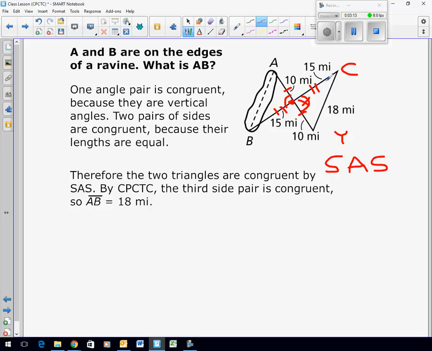That's everything we've done to this point. The only thing we are now concluding, okay, let me back up. SAS is used to tell me what? What information does that tell me?